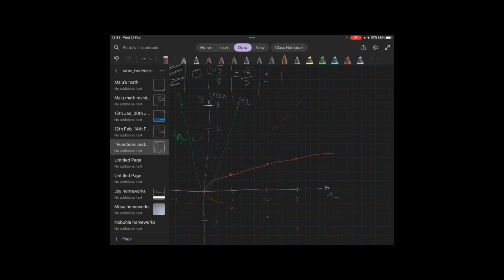Almost had it, but almost does not count. Do you know that saying? But I couldn't do it. Okay, this one almost went through the line y equals x, right?